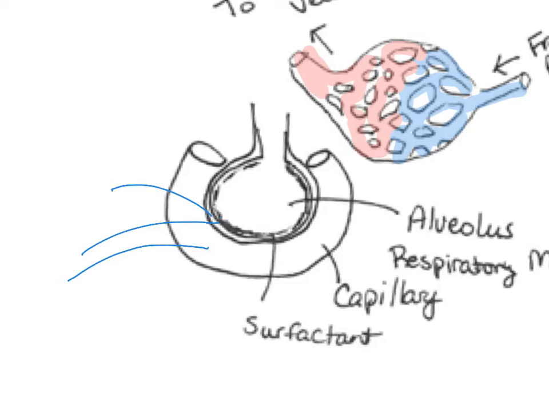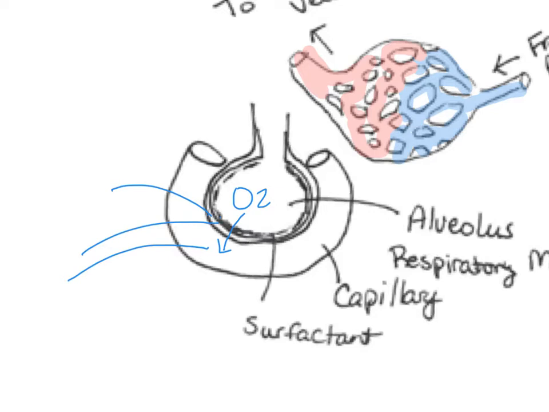Those three things make up the respiratory membrane, so any gases that come down into the alveolus have to cross all three of them. The cells lining the alveolus are simple squamous, then you have your basement membrane, and the cells that line the blood vessel are simple squamous too. So they're really thin. It's a really thin basement membrane, and gases should be able to cross that pretty easily.